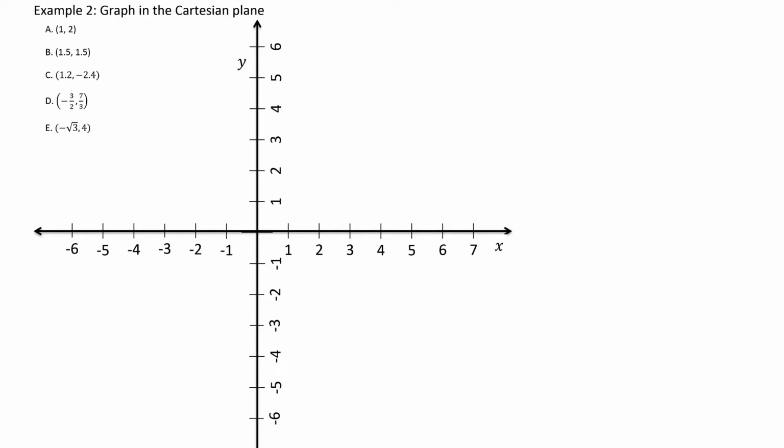So we're going to quickly go over how to graph on the Cartesian plane. You're usually going to be given two coordinates, an x, which is always the first number, and a y, which is always the second. And generally speaking, you can think of the x-axis and the y-axis as two coinciding number lines.